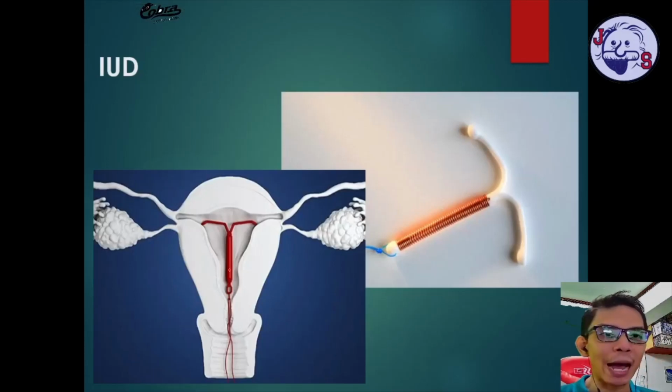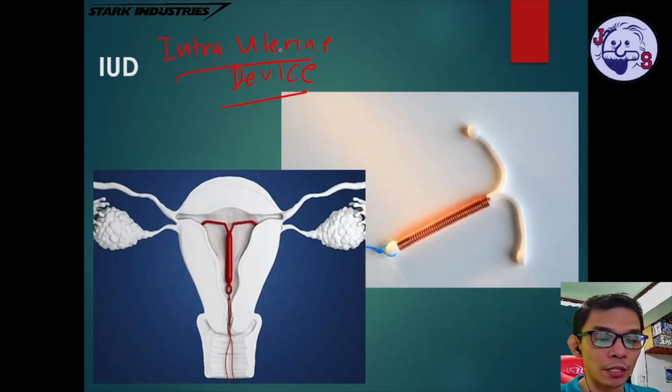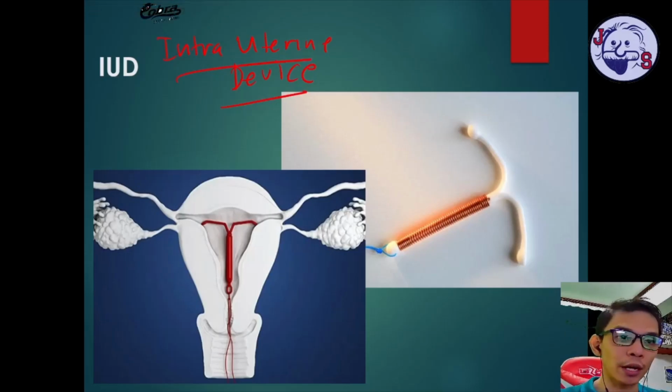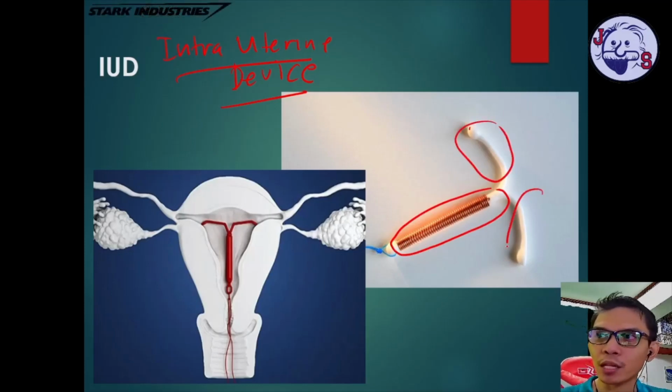All right, next one, we have here the IUD, or the intrauterine device. From the word itself, intrauterine means it is inserted inside the uterus, the one that you see there. It is made up of thin copper wires, and it has a plastic arm, which is used to cover the entrances to the fallopian tube.